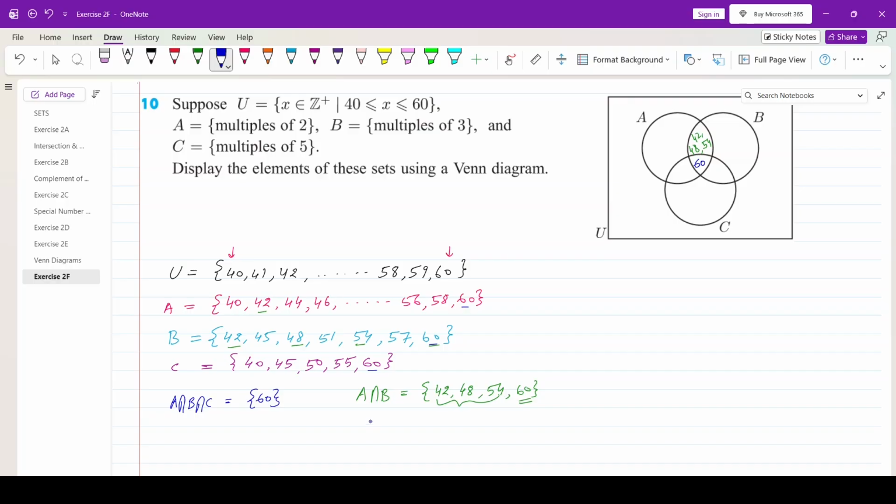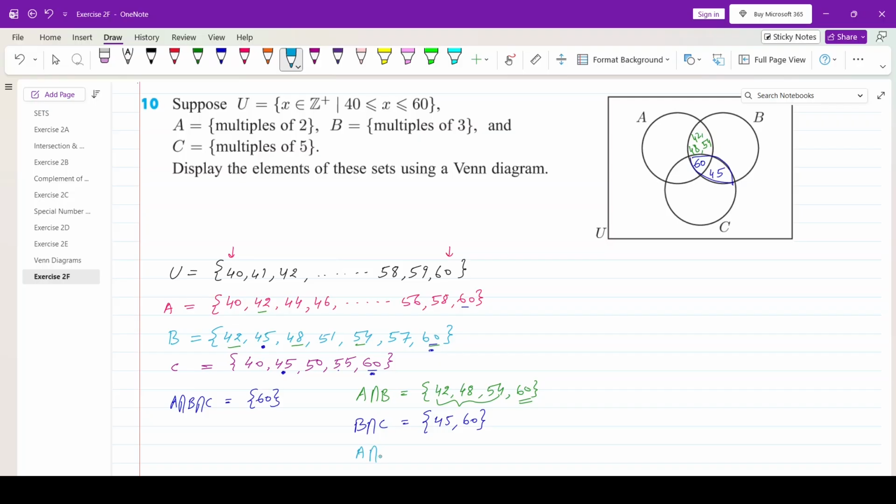Similarly, B intersection C will be 40 is not present here, 45 is, 50 is not present here, 55 is not present here, and 60 is present here. Therefore, B intersection C is a set containing 45 and 60. So B intersection C, which is this part, contains 45 and 60, of which 60 we have already written, so 45 will come here.